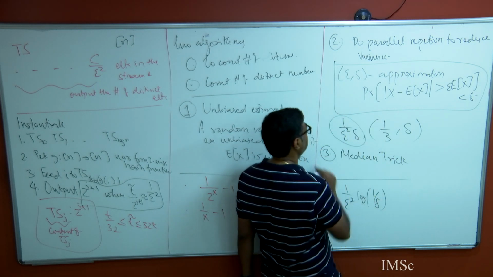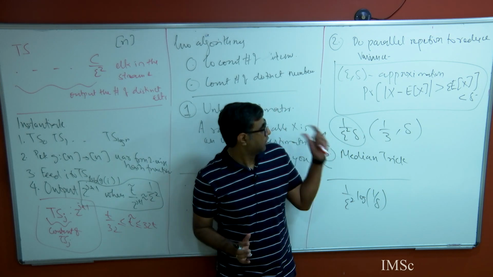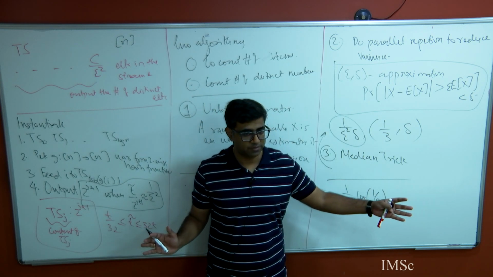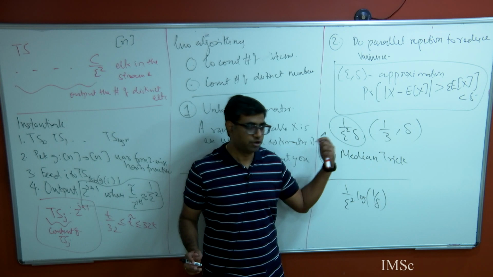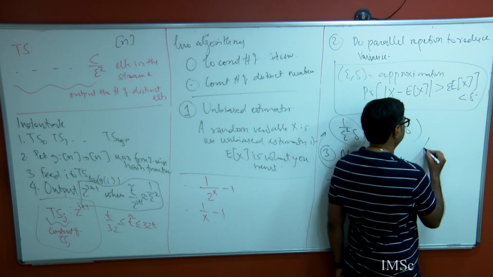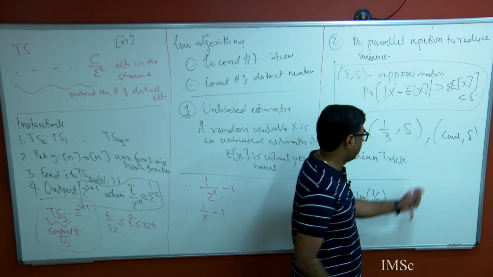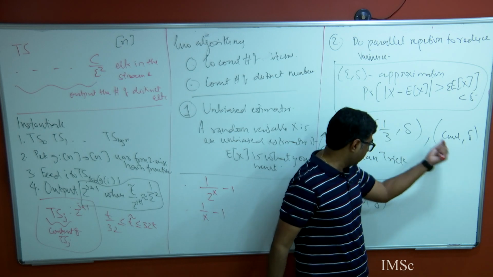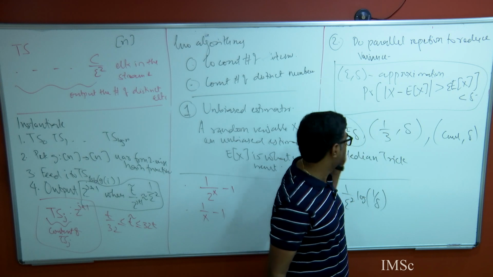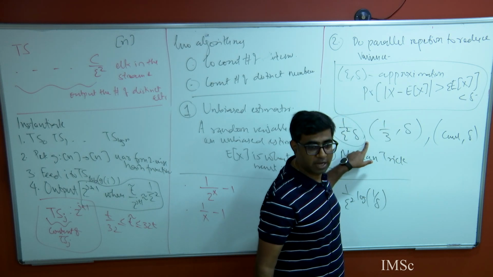So you run this algorithm. Basically you are running a bunch of copies of this basic estimator several number of times. I generally apply it with 1/3 comma delta or any constant success; this is why I call this a constant factor approximation. You could achieve both epsilon and delta at the same time, but the number of times you have to run this algorithm is roughly 1 over epsilon squared times delta.